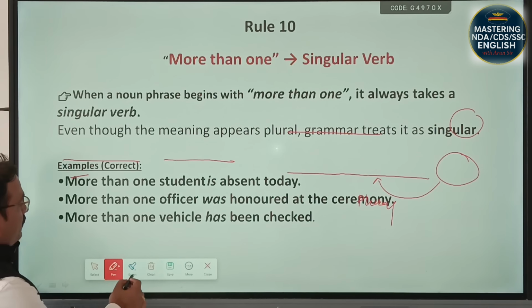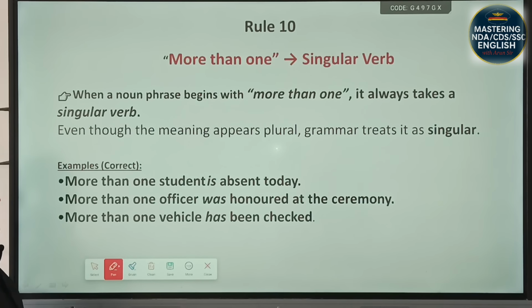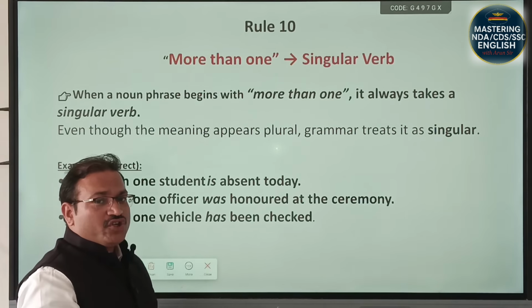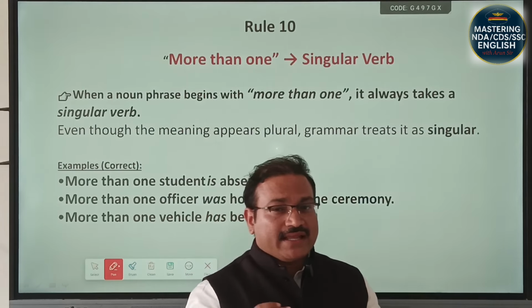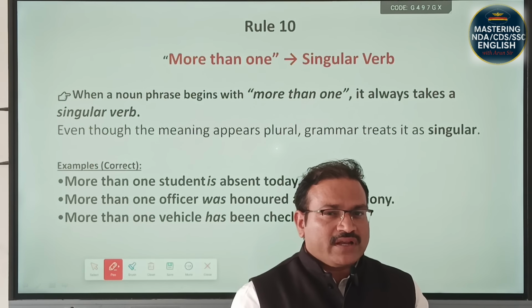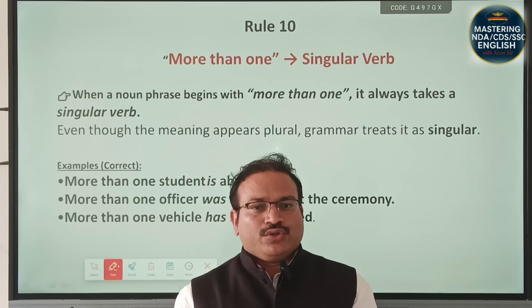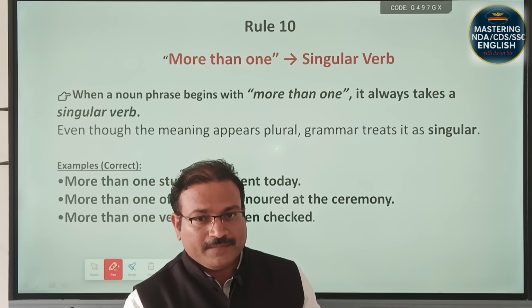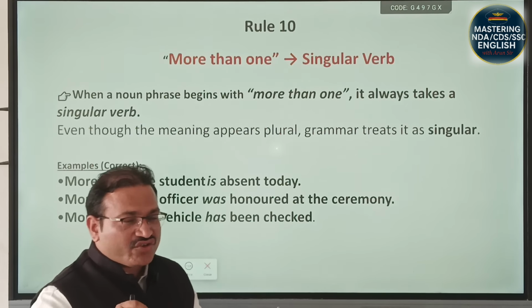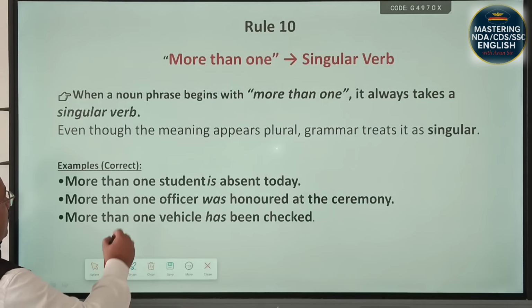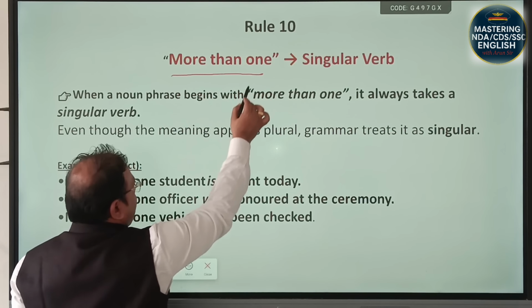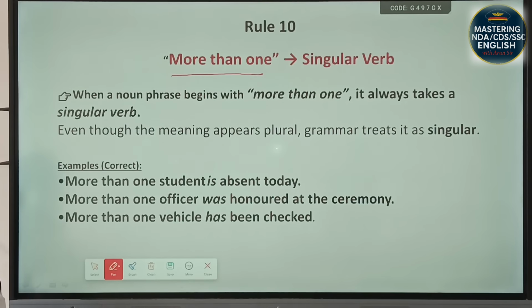Now this is very important. Rule number 10. Expression like more than one. It sounds to be plural. More than one, ek se jada. So we think that it is plural. No. It's tricky. More than one is followed by singular noun and singular verb.